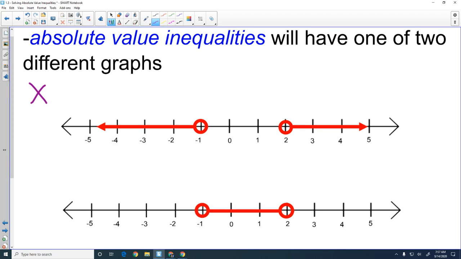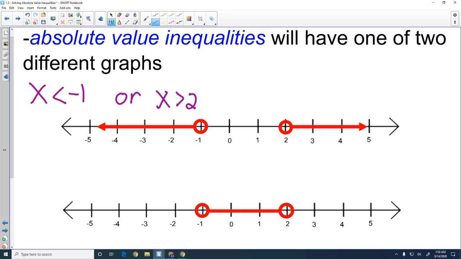X can be less than negative 1, or x can be greater than 2. That's each of those arrows separately. X is this or it is that. So using the word or is a perfectly acceptable way to write that.